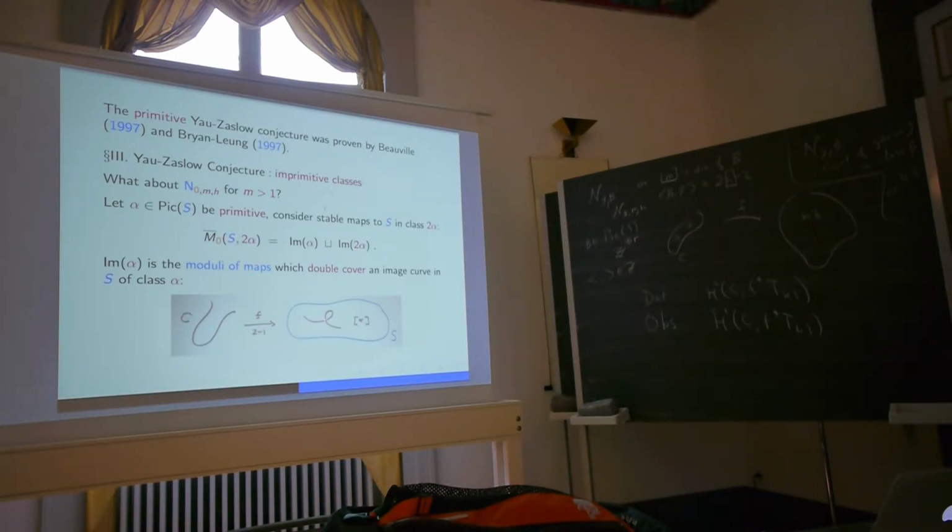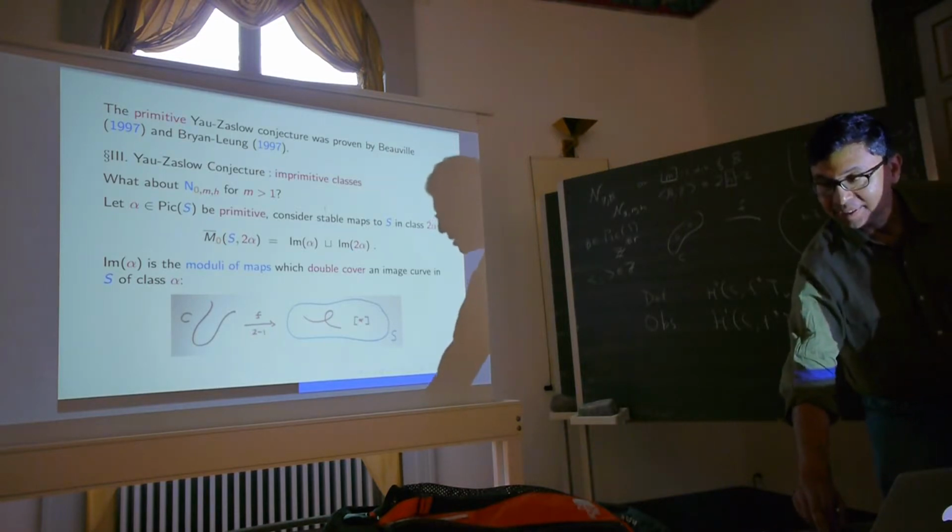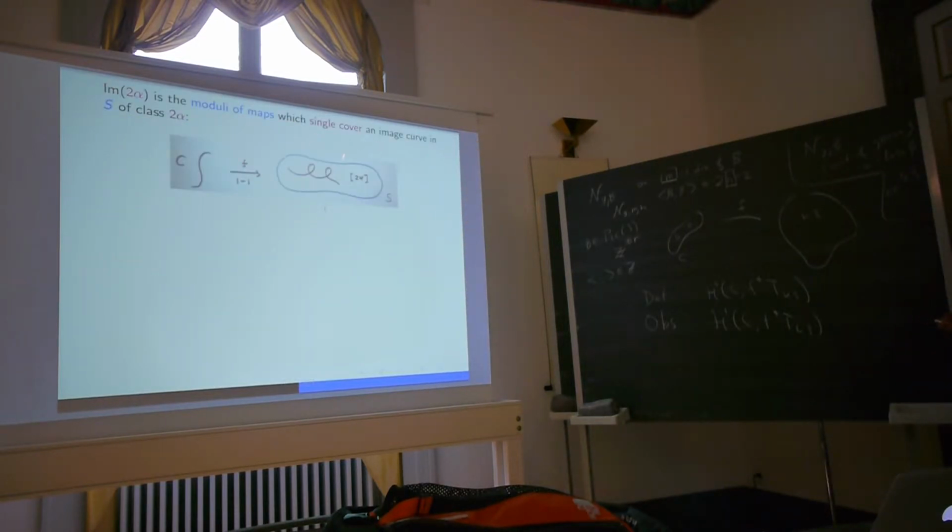One way is it can be a double cover of a primitive one. And there's another way, that it actually is a single cover of the class 2. So this is what's different about the imprimitive case.